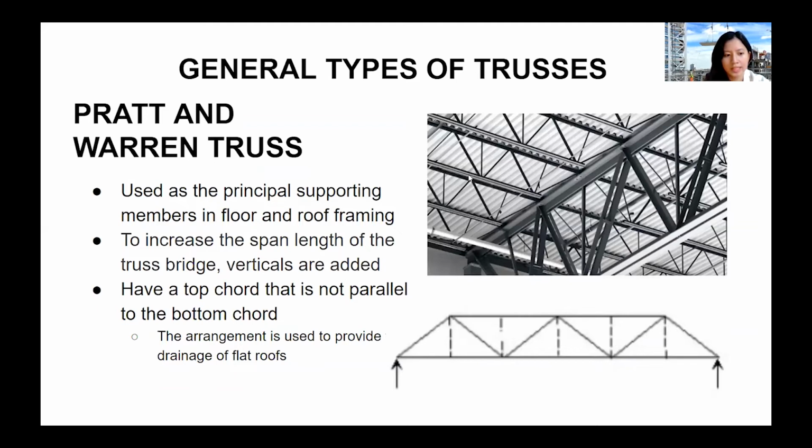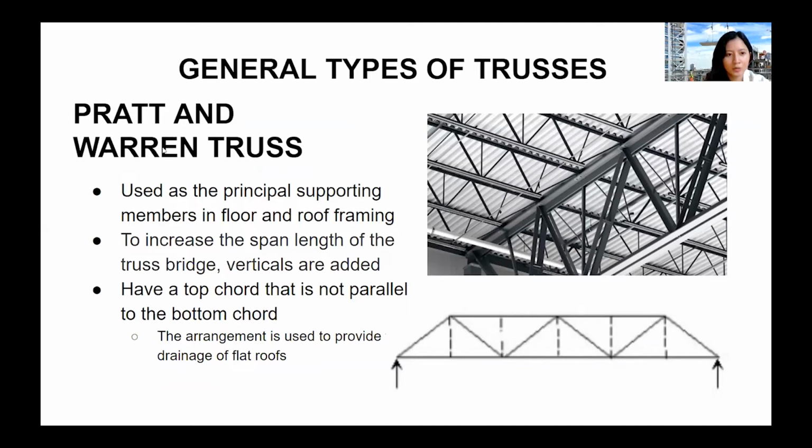In most buildings, Pratt, Warren, or a combination of the Pratt and Warren truss are used. The Howe truss is rarely used because steel may not handle the compressive stress of the structure.